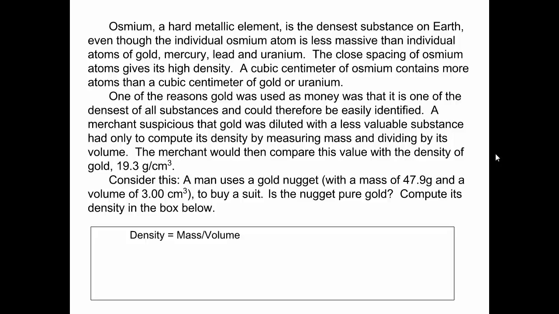And so that's one of the reasons gold was used as currency, because people could discern if they were being scammed or not. But what people would sometimes do is take some gold and mix it with some other lesser metal and try to pass it off as pure gold. Okay? And so, if I were to give you this super valuable golden nugget, how would you determine if it's actually gold or not?